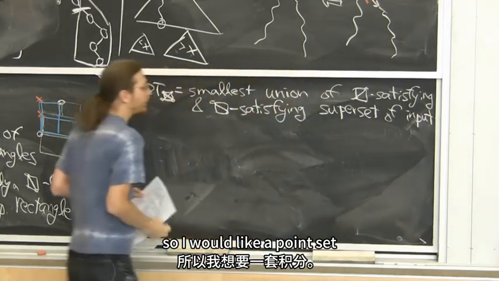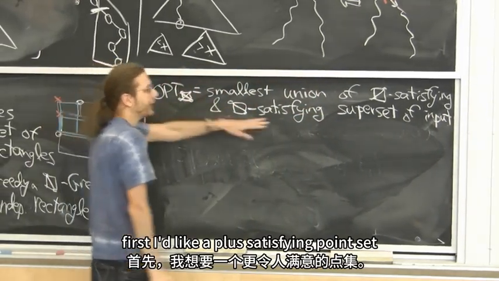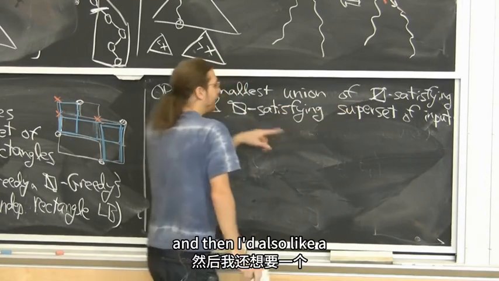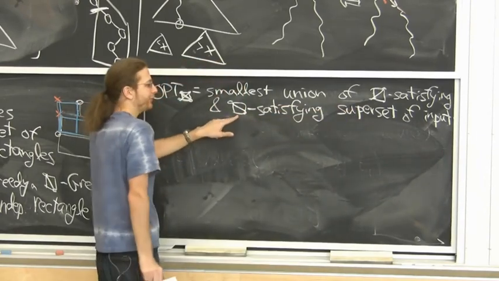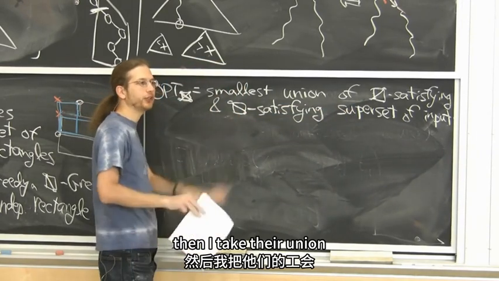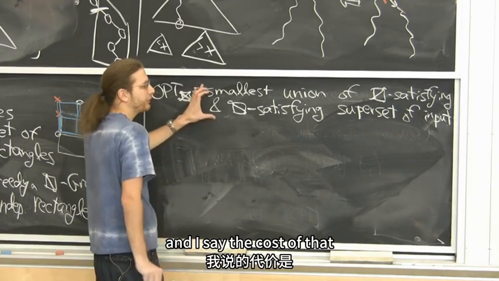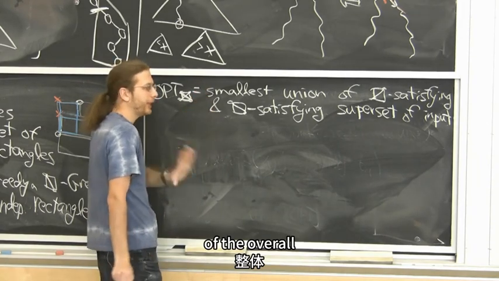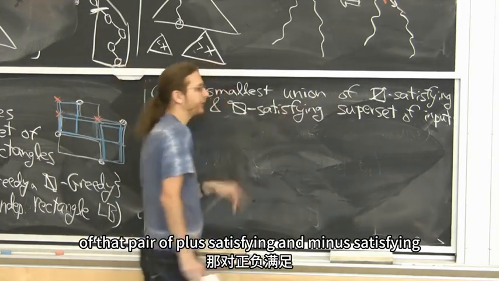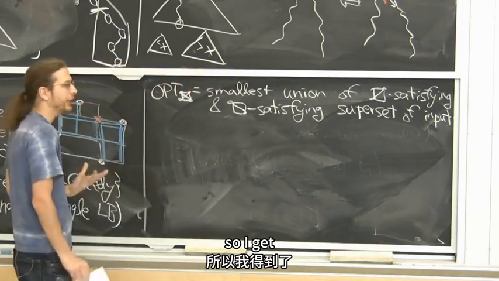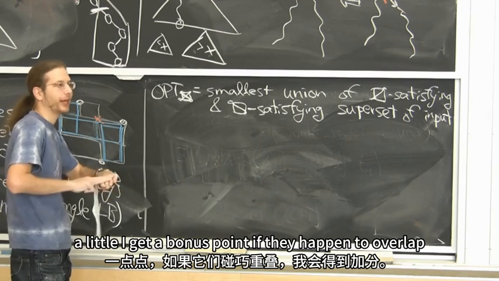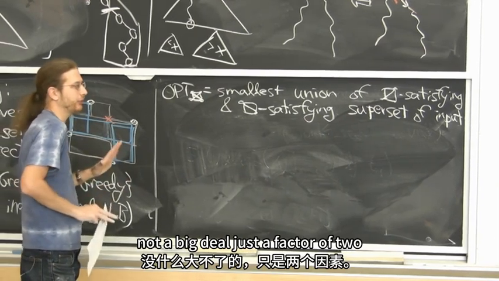So I would like a point set. First, I'd like a plus satisfying point set. And then I'd also like a minus satisfying point set. And then I take their union, and I say the cost of that pair of plus satisfying and minus satisfying is the size of the union. So I get a bonus point if they happen to overlap. Not a big deal, just a factor of 2.